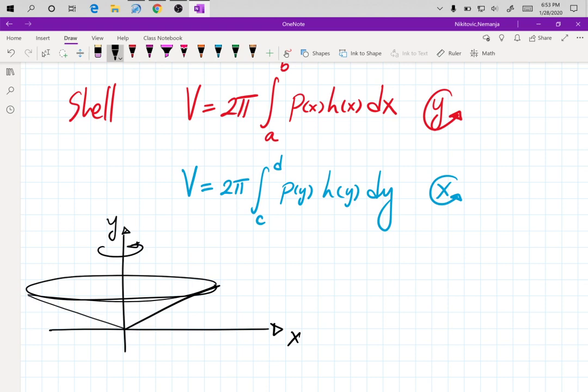Now, I have also this line here for the top, and I have my A and B limits here.